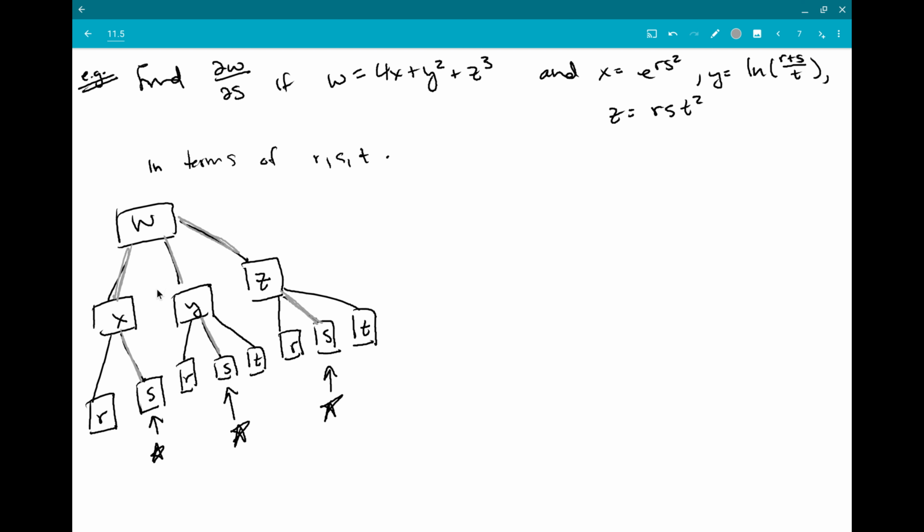And so the paths that I follow are for the dw/dz, dw/dy, and dw/dx at the first level, w to x, w to y, w to z, and then from x to s, dx/ds. I'm using that soft-sided d because x depends on more than one thing. And then I used dy/ds and dz/ds.